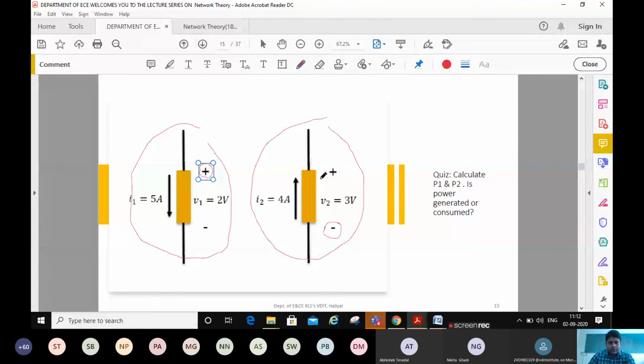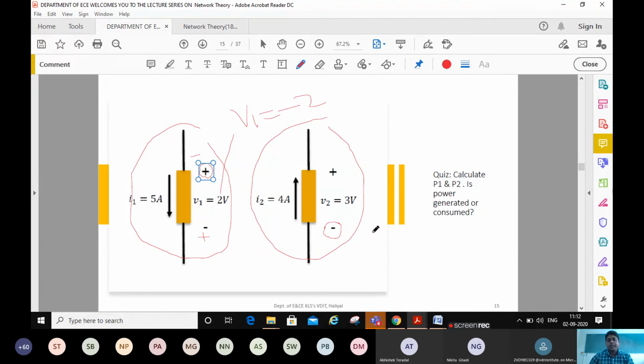If I change the polarity, say instead of minus I put plus here, then it is the same as V1 equal to minus 2. Why is it minus 2? It depends on the direction with respect to the current, how you are referring to it. So the simple passive sign convention is to just look at the current direction, the current flow.